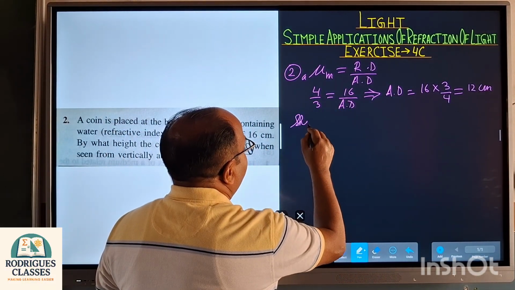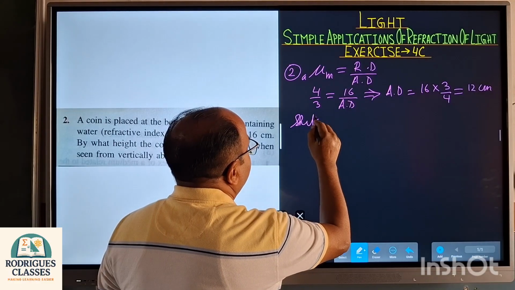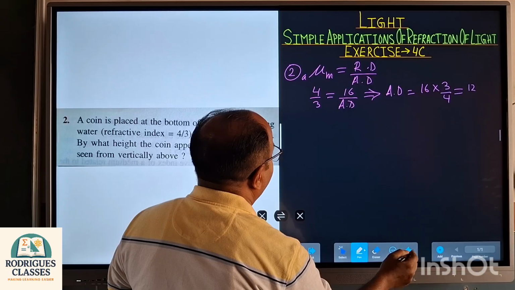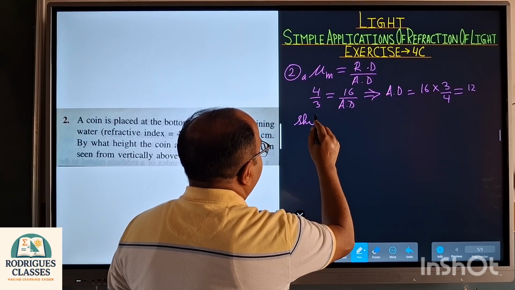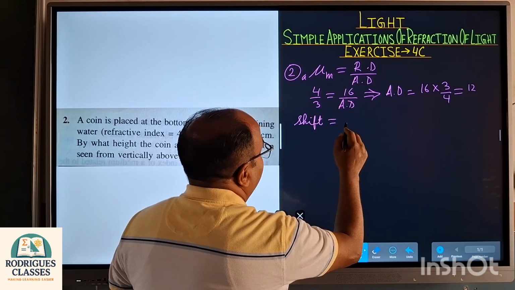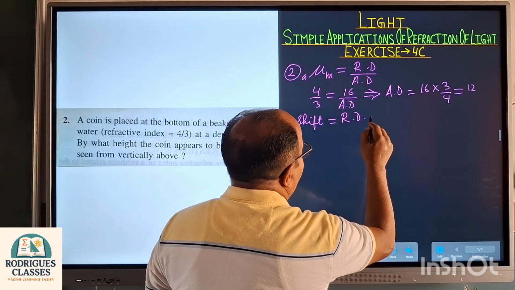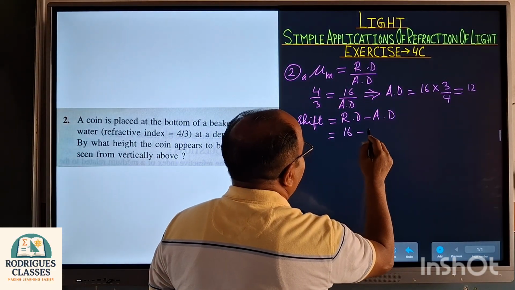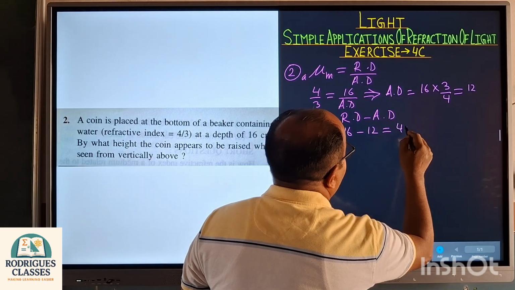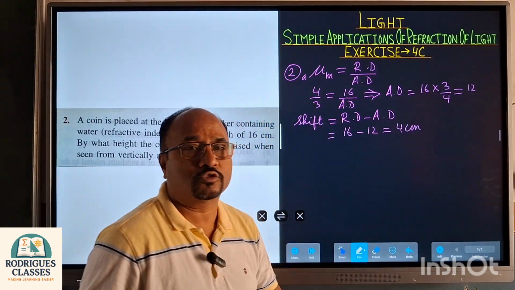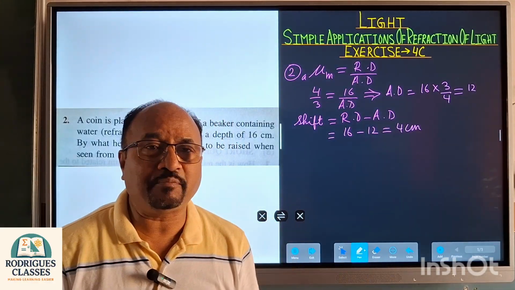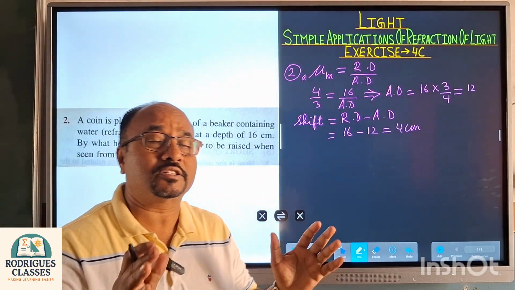So I can now find the shift as real depth minus apparent depth. So that is 16 minus 12 equals to 4 centimeter. So here I went with the procedure of finding the apparent depth and subtracting the two to get the shift.